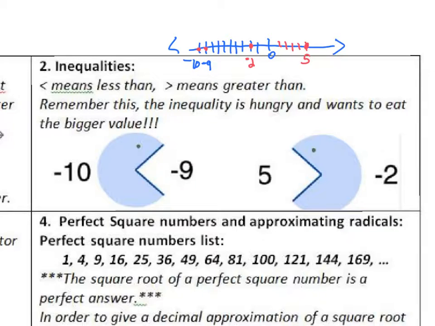Now one thing you also have to understand is when you read that symbol, this means less. -10 is less than -9. And when you see this symbol, 5 is greater than -2. That's how we read that statement.